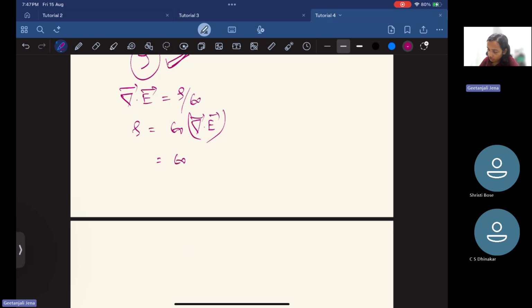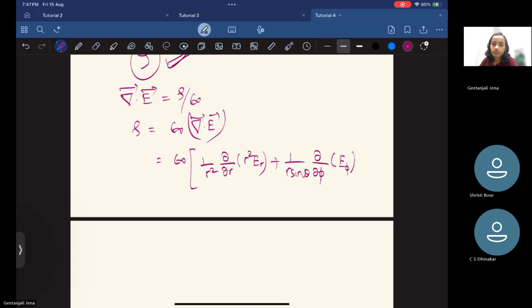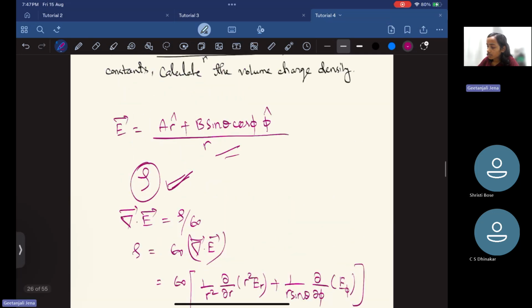So this will be epsilon naught times [1 by r square dou by dou r of r square Er plus 1 by r sin theta dou by dou phi of E phi]. Er and E phi are given.